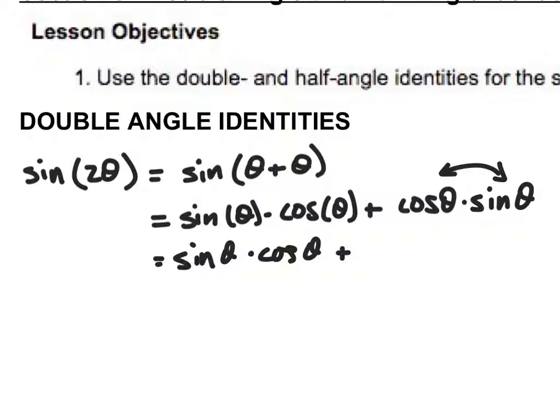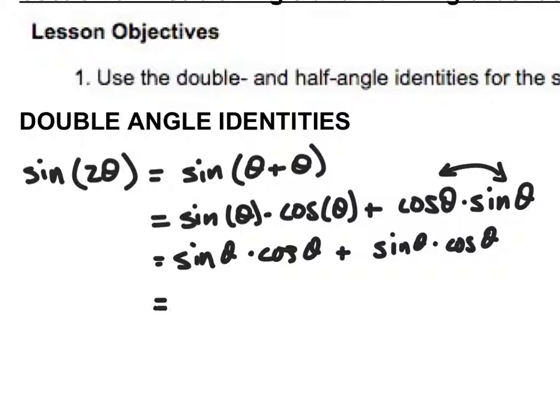If I reorder that on the right side using the commutative property, I get sine theta times cosine theta. And so now I've got two of these things that I'm adding together: sine theta cosine theta plus sine theta cosine theta.